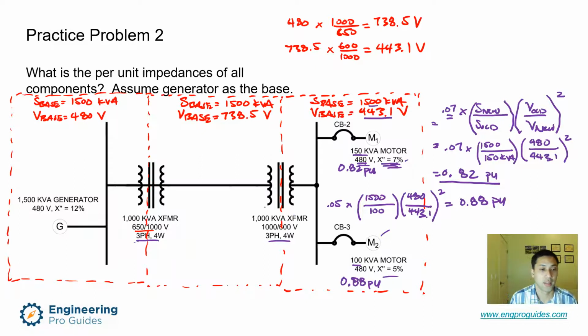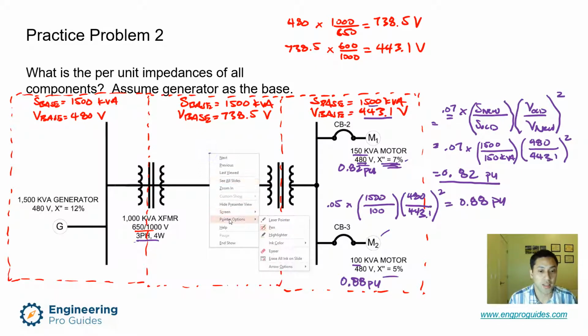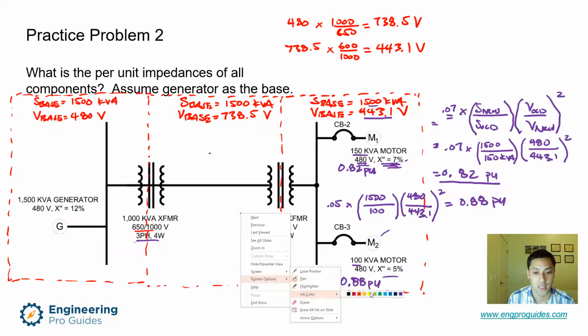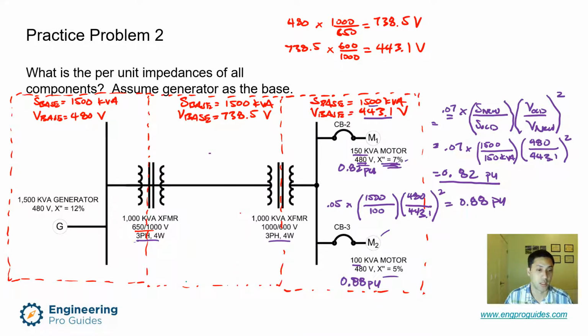All right, let's just assign some values, just for practice, for our transformer here. Let's just assign Z is equal to 5% for this one.